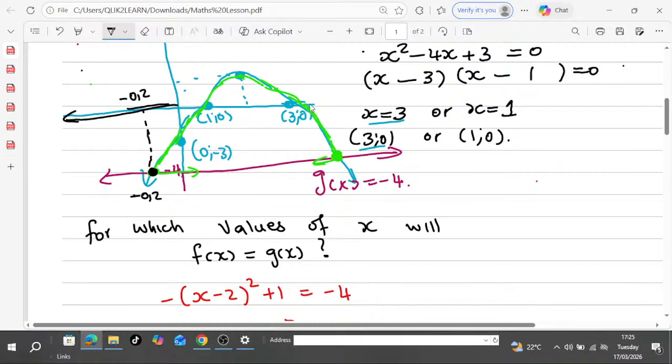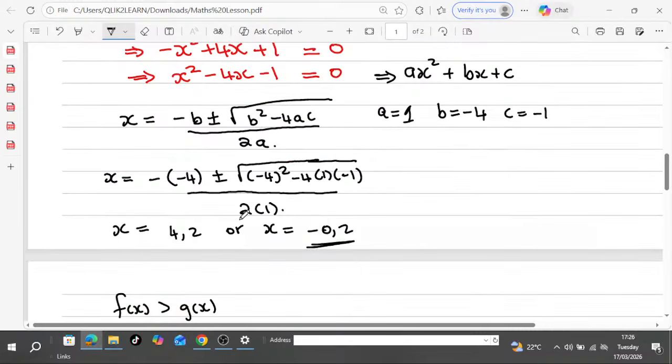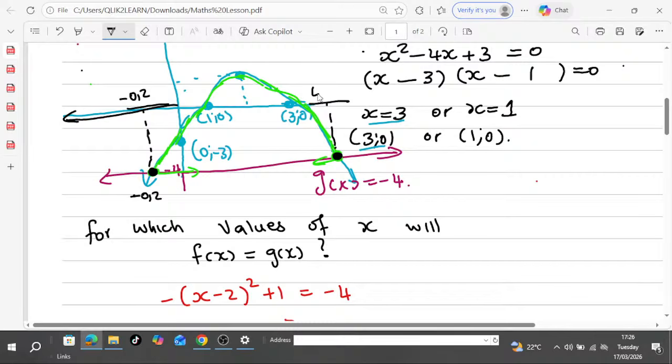So another point of intersection is this one here, which is positive. We need to refer to this other side. It's just 4.2. So I'm just going to put this and say this is my 4.2. So now when they ask where is f at x above g at x, it is from this point going that direction and from this point going that direction.